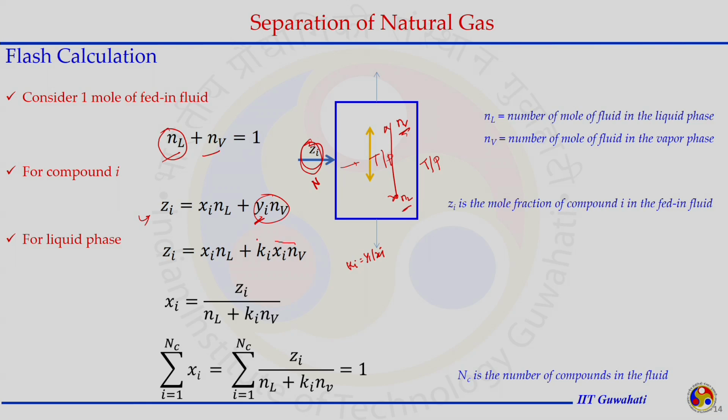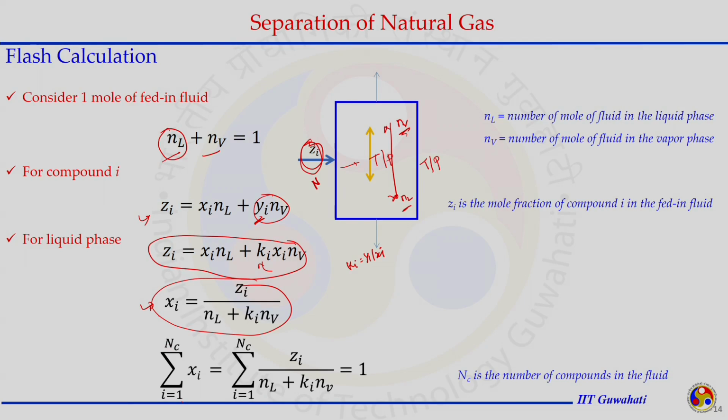If we do so, we get this relationship. From here we could eliminate Yi, and we have the relationship in the form of Xi, and now Ki appears here. If we rearrange this, the mole fraction of component i in the liquid phase at the temperature and pressure conditions is going to be Zi divided by NL plus Ki NV, which gives us the value of Xi.